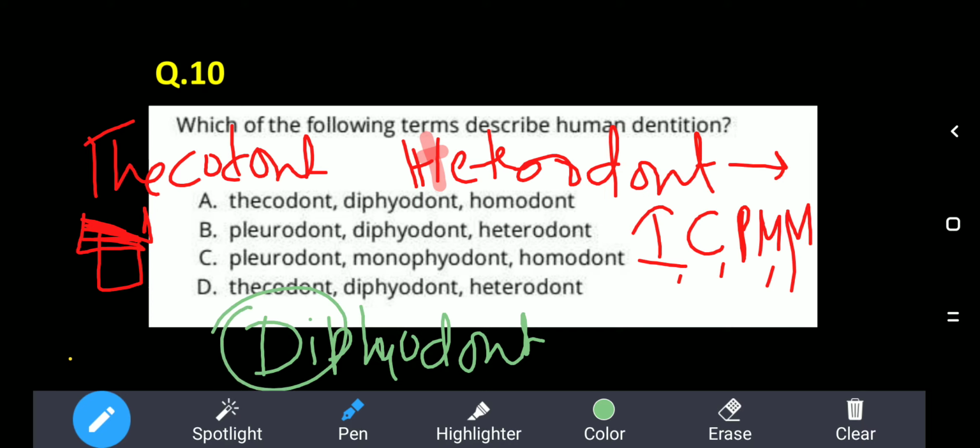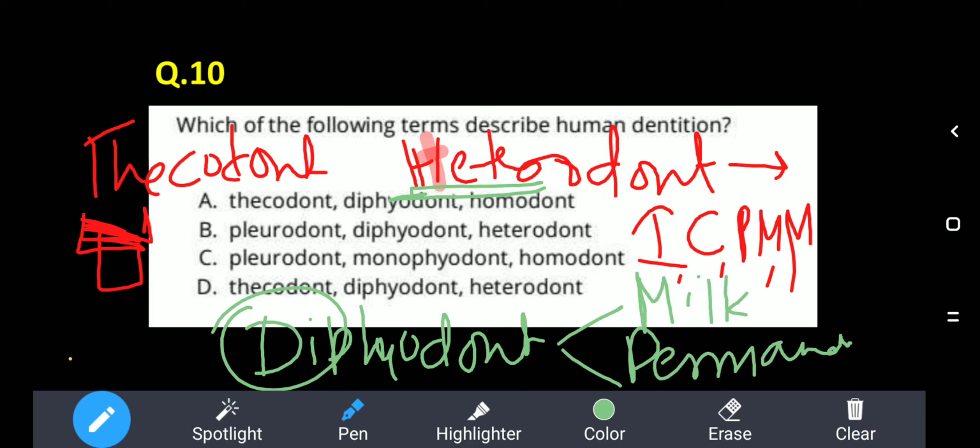Di means two, so we have got milk teeth and permanent teeth, temporary teeth and permanent teeth. So according to this, we are heterodont, diphyodont, and thecodont. Option D is our correct answer.